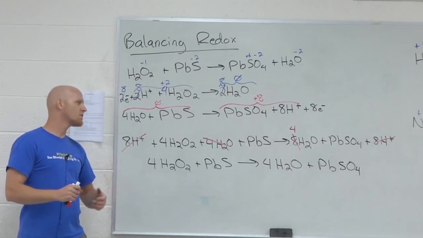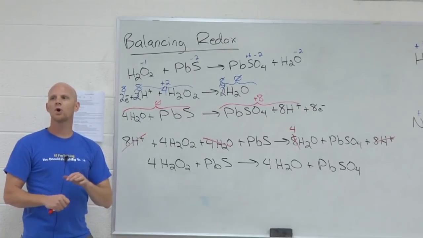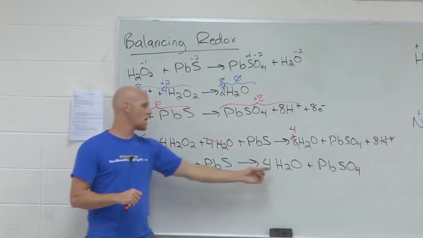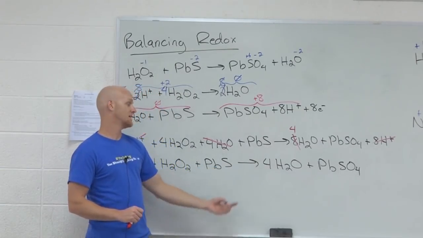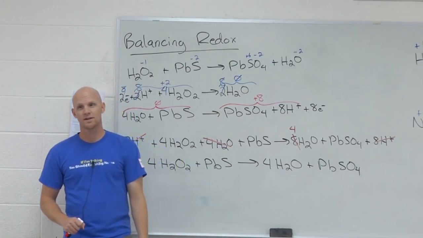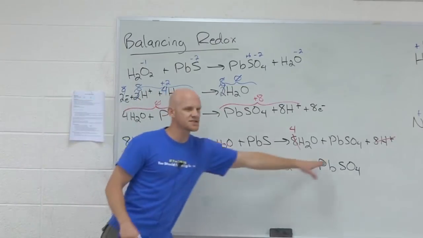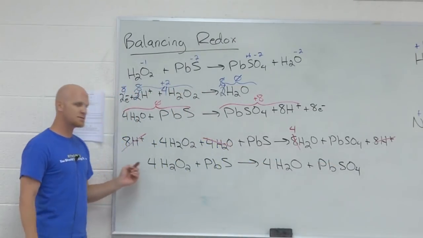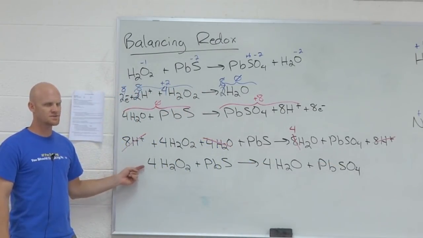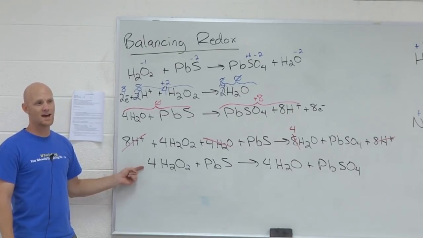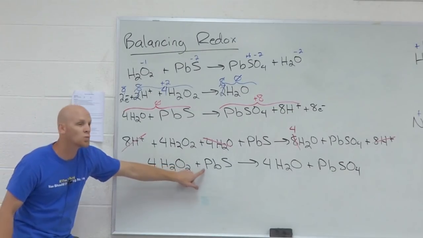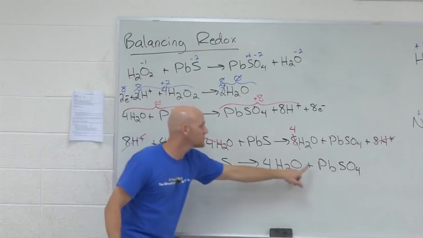The other way they ask this, they'll say, what's the coefficient in front of water in the balanced reaction? And it's 4. Or they could say, what is the sum of all the coefficients in the balanced reaction? What is the sum of all the coefficients here? Don't say 8. It's 10. It's 4 plus 1 plus 4 plus 1.